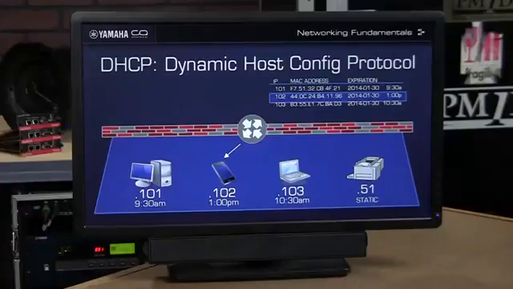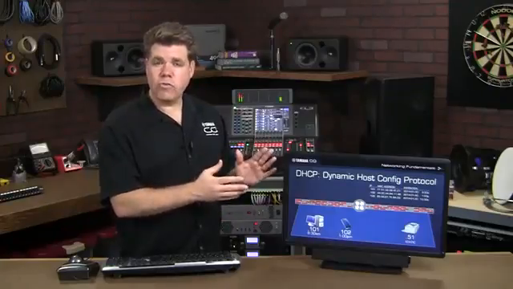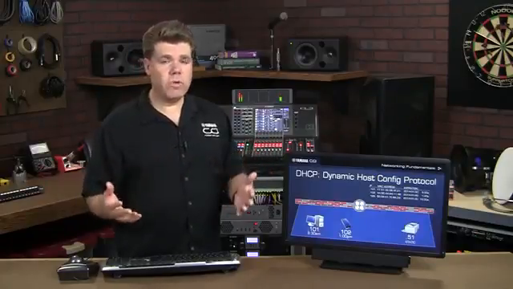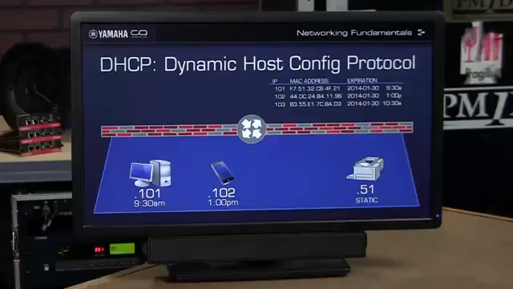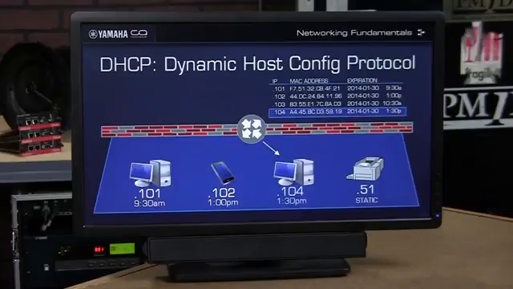Now here's another example. Let's suppose that laptop leaves the network, and it leaves for good. Remember, the DHCP server does not have a connection to all devices on the network, so it's unaware when devices leave. If you look in the table, you'll notice that the IP address will still be reserved until the lease expires. So, when another device joins the network using DHCP, it sends out a broadcast message asking for a configuration, and the DHCP server responds.